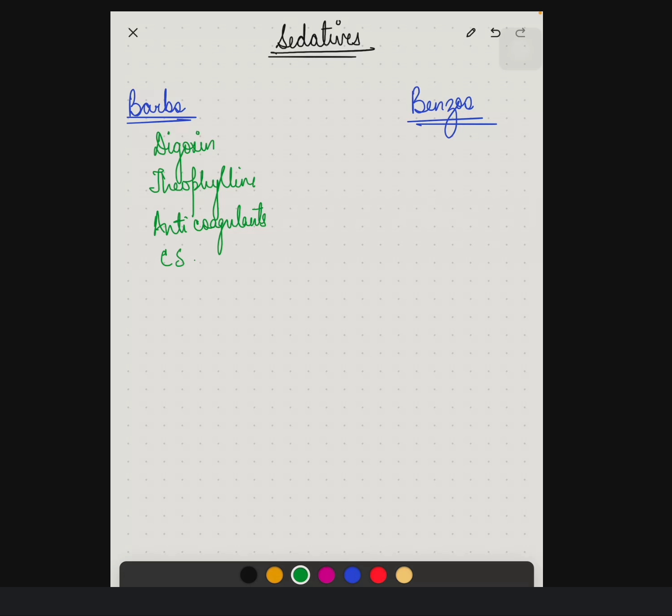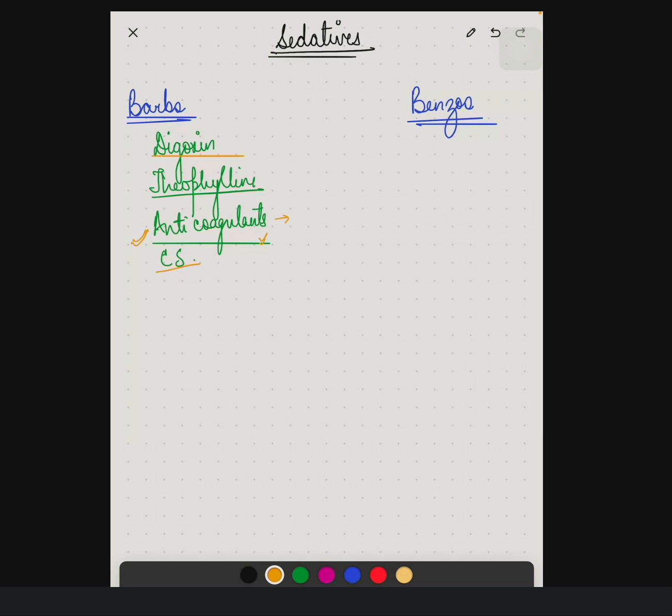So they enhance the metabolism, therefore they reduce the plasma concentration of these drugs. If a patient is on anticoagulants and has any heart condition, and barbs are given, which decreases the level of anticoagulants, the patient is at higher risk of heart attack or any ischemic attack.